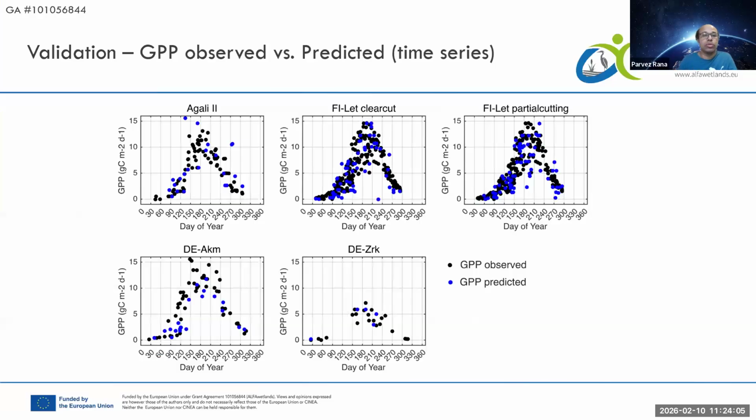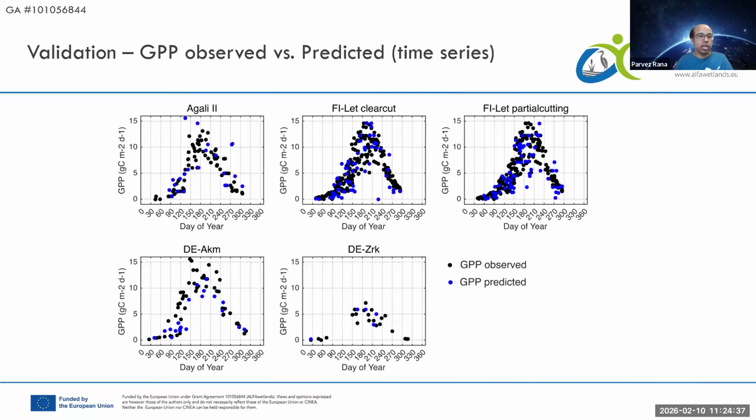And now you could see our time series for validation, GPP observed versus predicted. In the time series, this blue color is our predicted value, and the black dot is our observed. If you see the trend, it goes from day 0 until 360 days, and you could see that our predicted is following the trend.